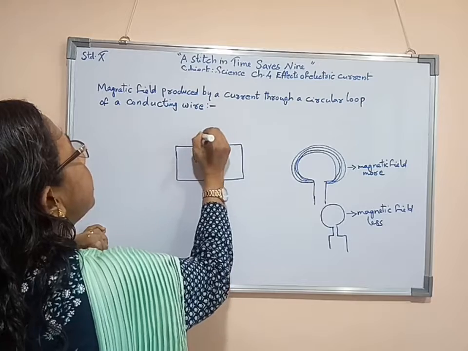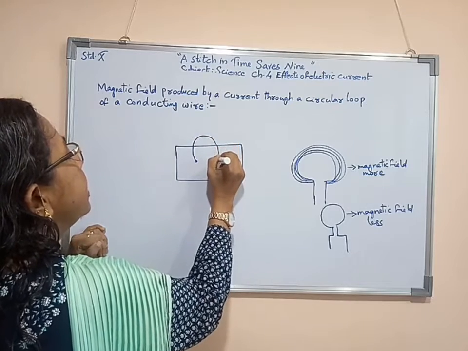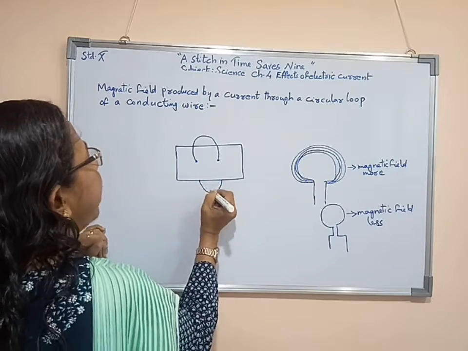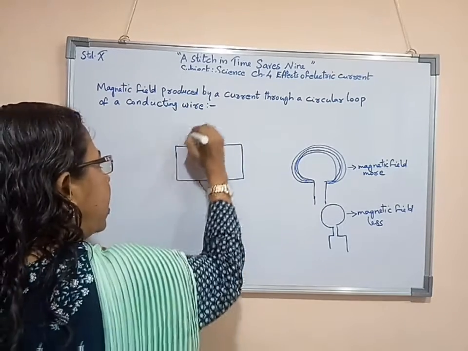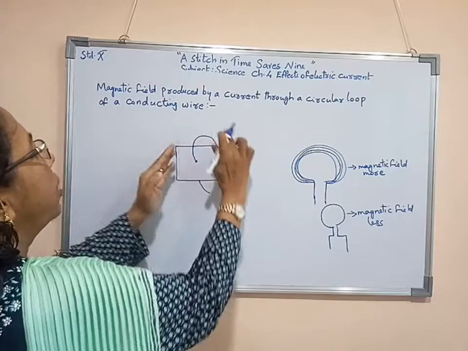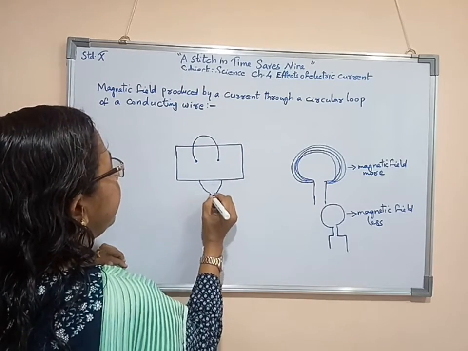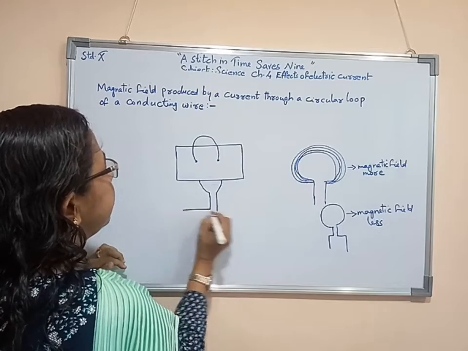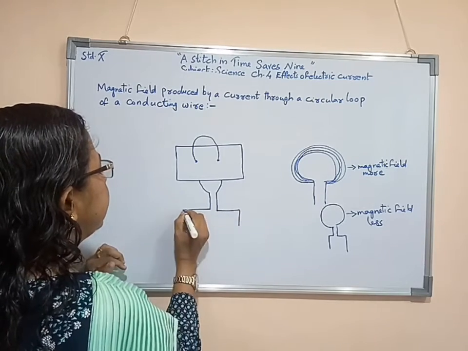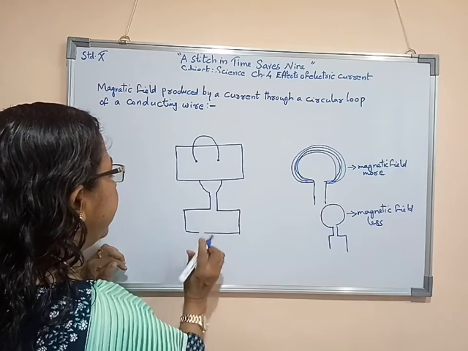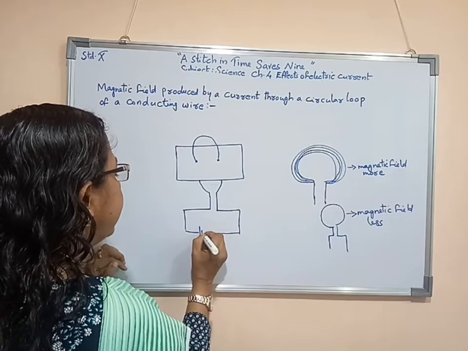Through here I am passing a coil of the wire, a round shaped coil of the wire, through this. After that I am connecting this with the circuit. In this circuit we can keep the cell.